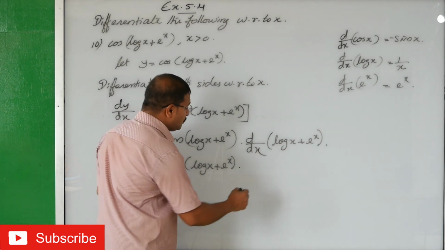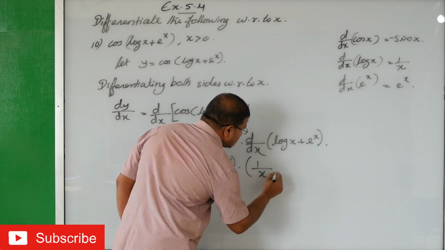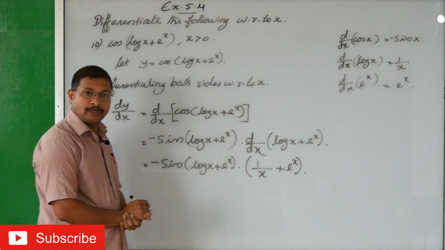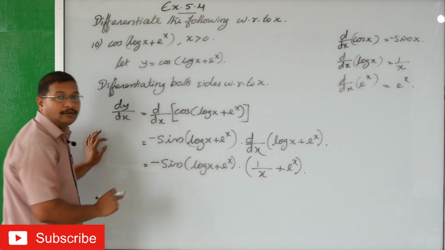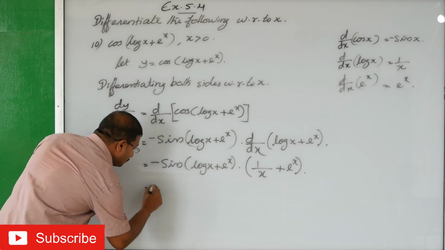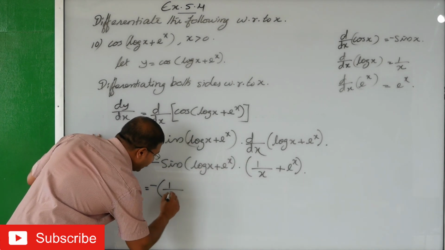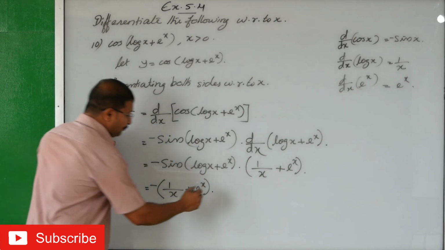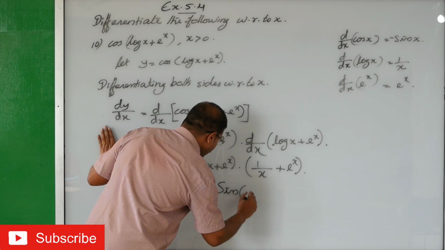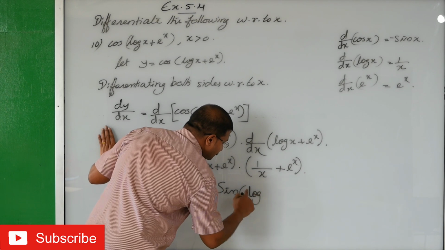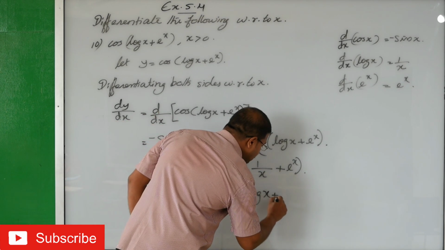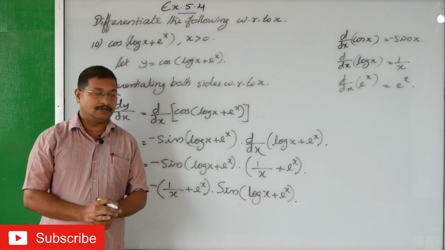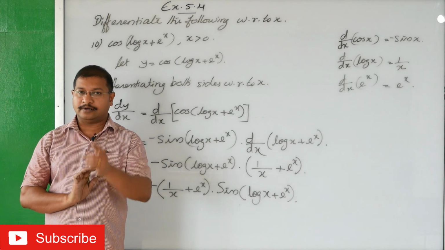Derivative of log x is 1 by x, plus derivative of e raised to x, e raised to x. Ready? After that, this term we can write in the beginning. That means this equals minus of 1 by x plus e raised to x into the balance, sine of log x plus e raised to x. Ready? This is the answer for 10.